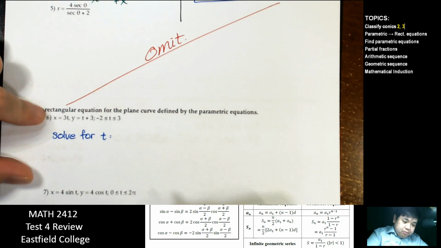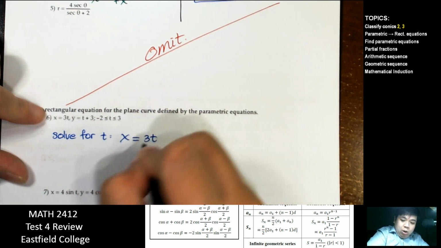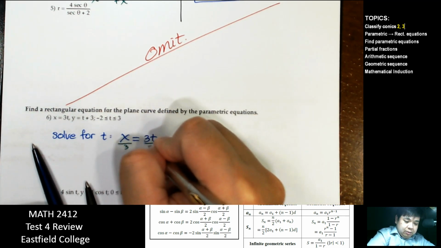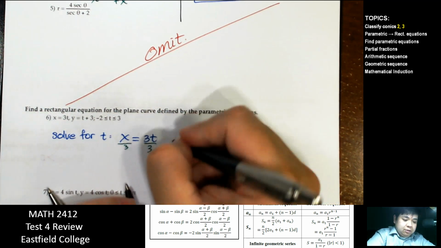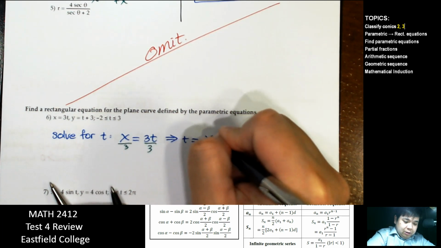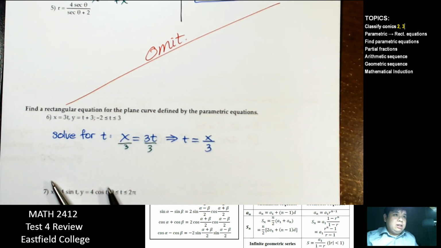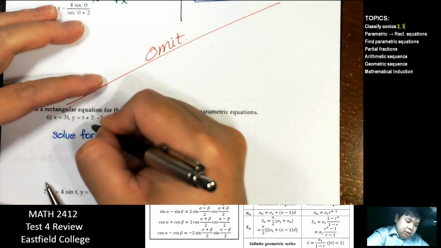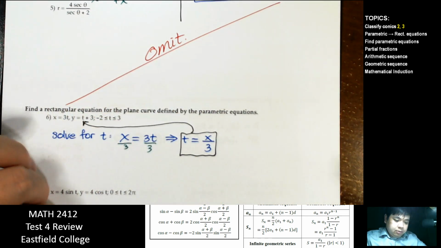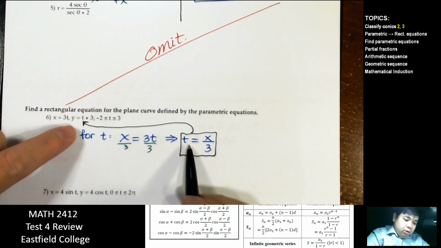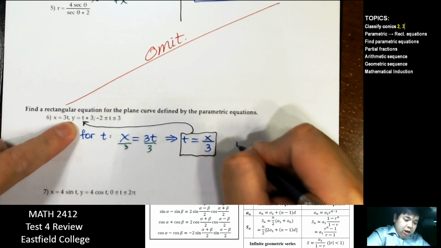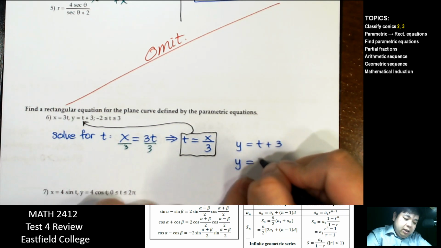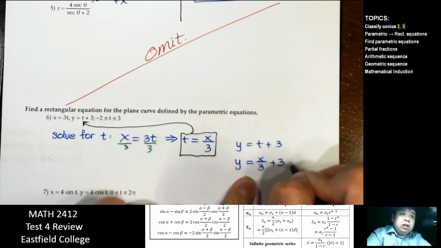So if x equal to 3t, all we need to do is divide everything by 3, and we'll have t equal to x over 3. And we substitute t equal to x over 3 into this. So we'll just have y equal to t plus 3 will be y equal to x over 3 plus 3. So that's pretty simple there.